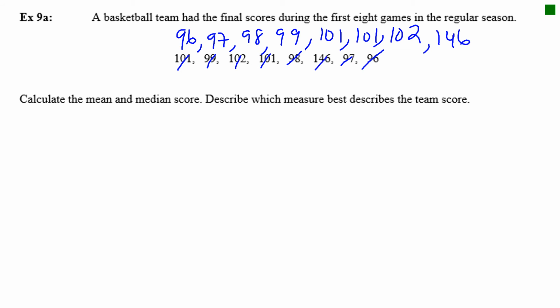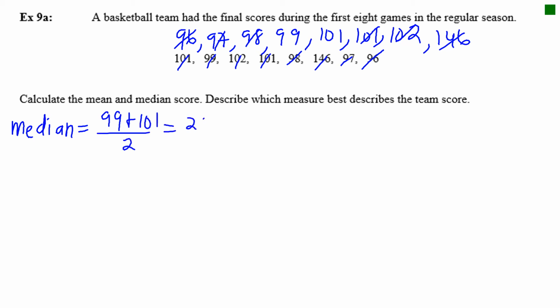So we'll do median first, just because we already have them in order. So taking one from each side. You'll notice we have 2 in the middle, so we're going to have to add them and divide by 2. Okay, so we're going to end up with the median of 100.